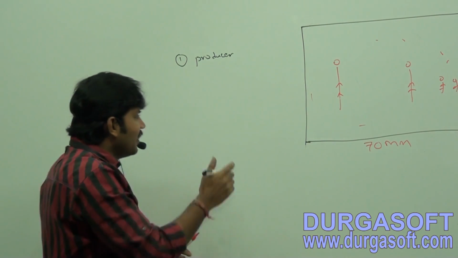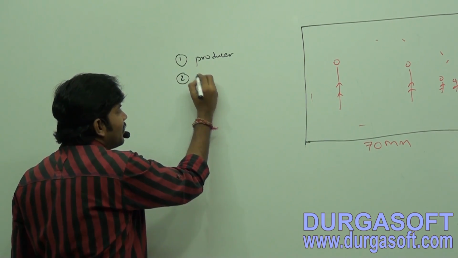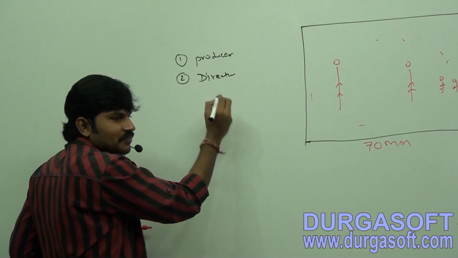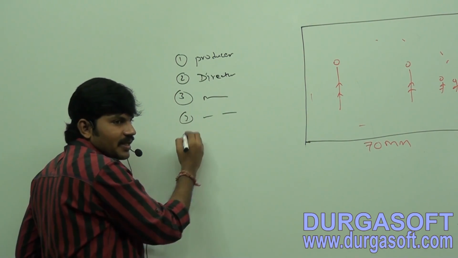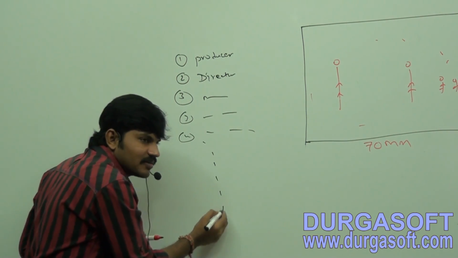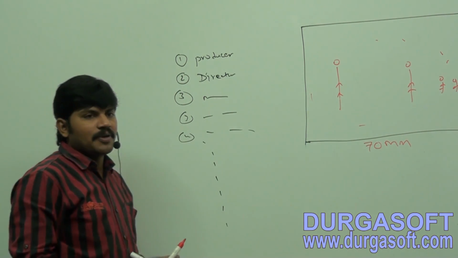Producer must be required. And who is next? Director must be required. After that, the makeup person, music director, choreographer, and several other people are required.